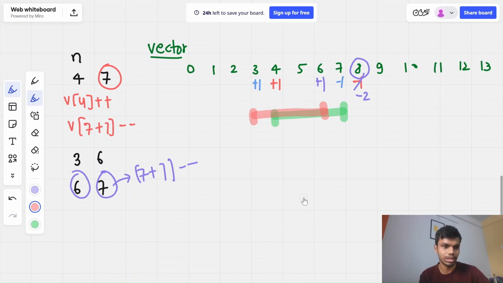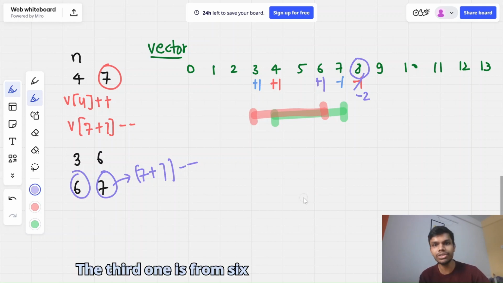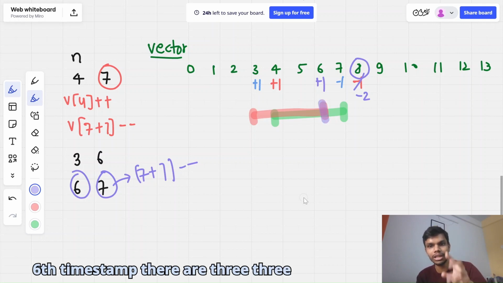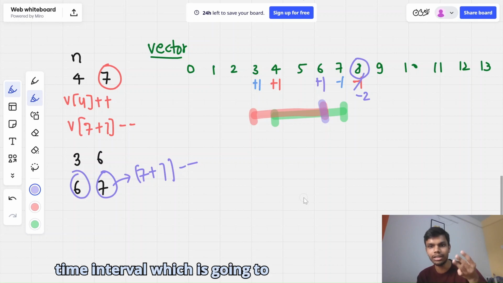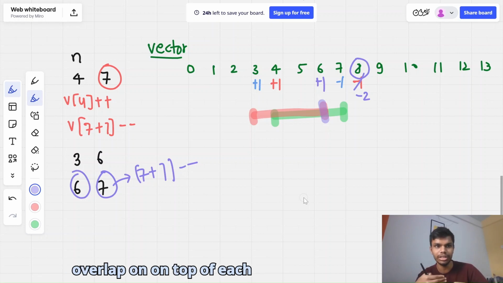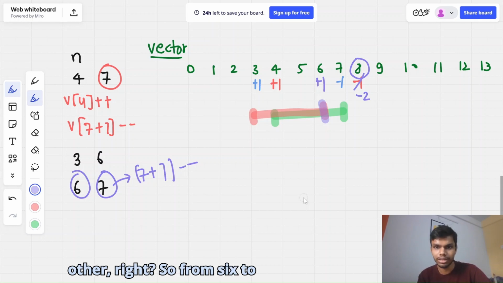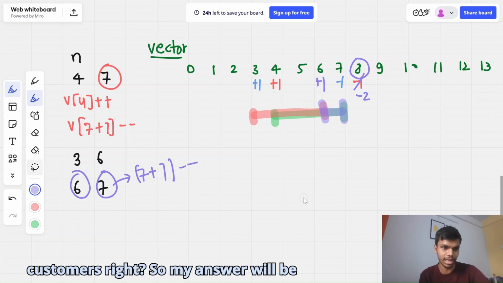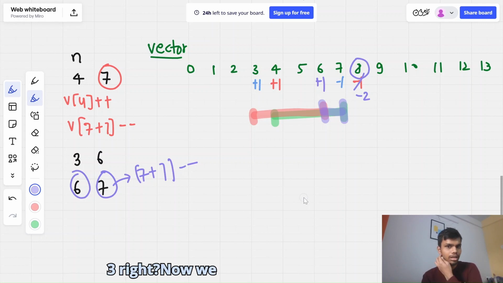The third one is from 6 to 7. At the sixth timestamp there are three time intervals which overlap on top of each other. So from 6 to 7, once again we see the overlapping of 3 customers. So my answer will be 3.